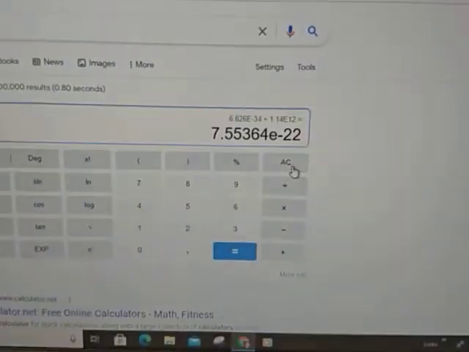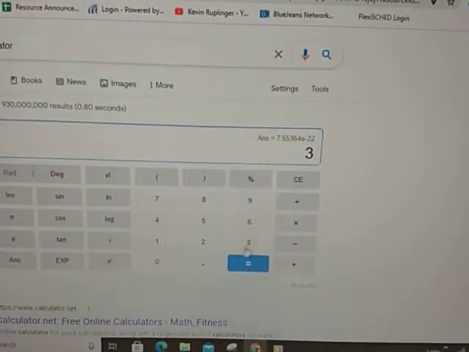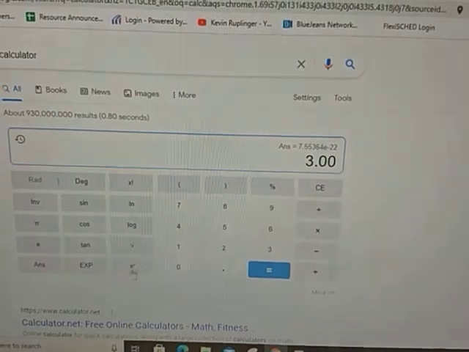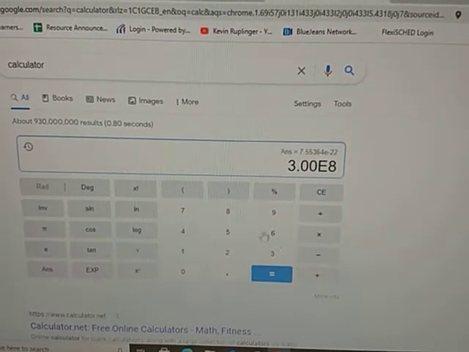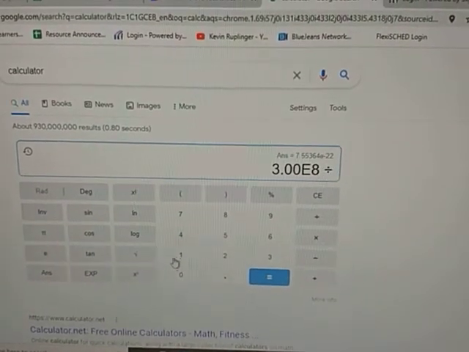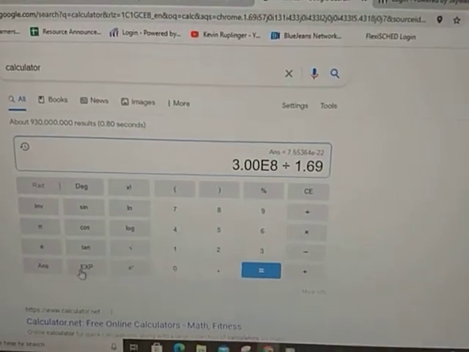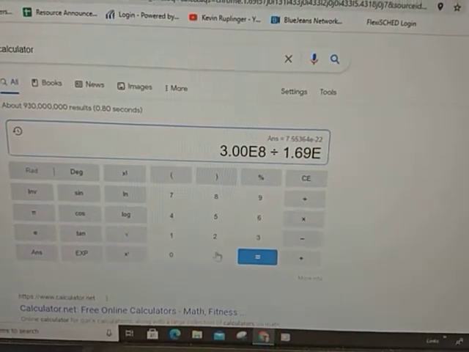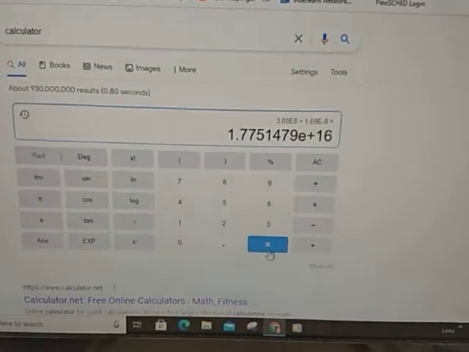Okay, I'm going to type this other math one in here. I'll click on the all clear, and I have 3.00 times 10 to the 8th, so that was E to the 8th, divided by 1.69 times 10 to the negative 8th, equals.